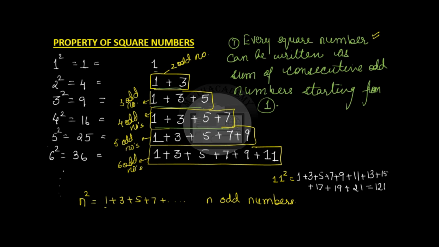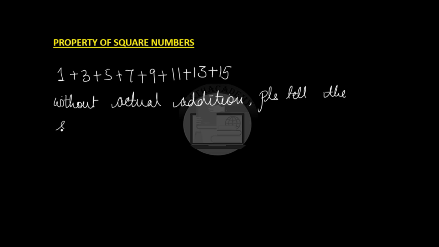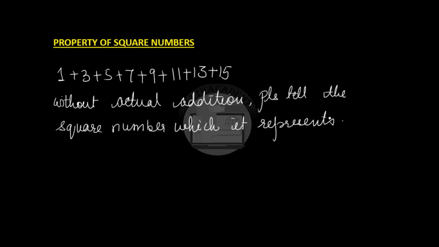Okay, let us do one question on it. Question is, without actual addition, please tell the square number which it represents. Okay, so we have learned the properties of square numbers.